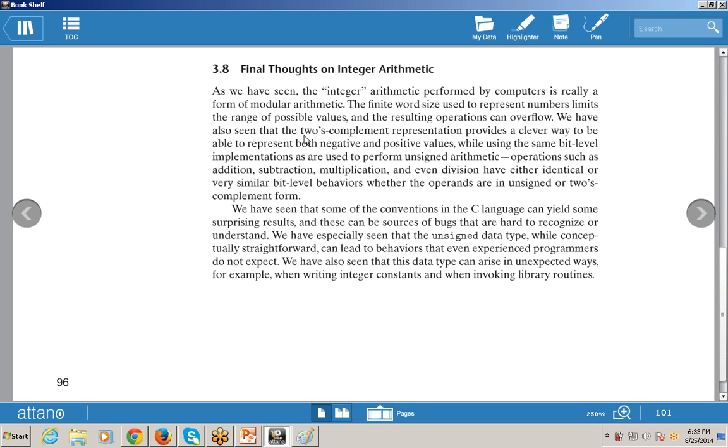We have also seen that the 2's complement representation provides a clever way to represent both negative and positive numbers. So this is the best example for using the 2's complement.